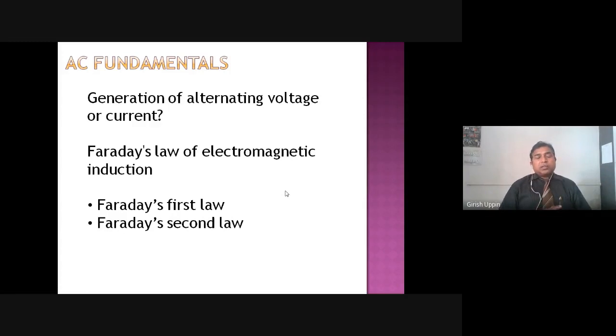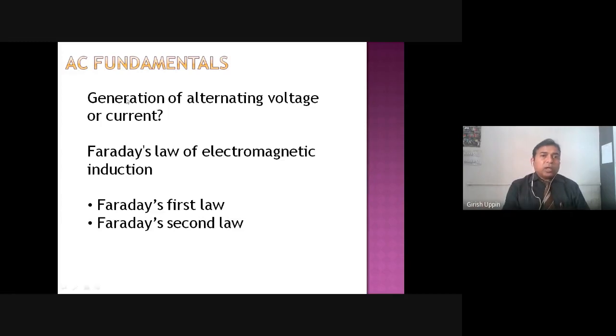Now, we understood what is alternating quantity, and henceforth, when we talk about alternating voltage or alternating current, we only mean the sinusoidal waveform, unless it is specified otherwise in the problem.